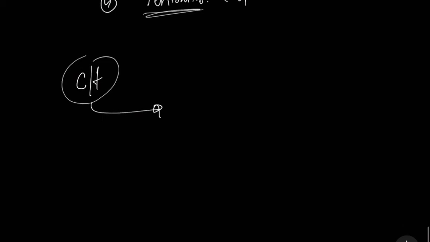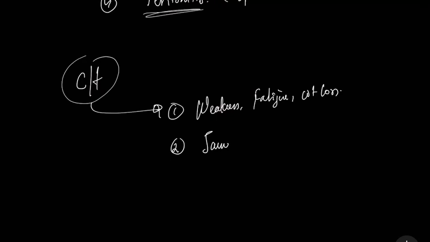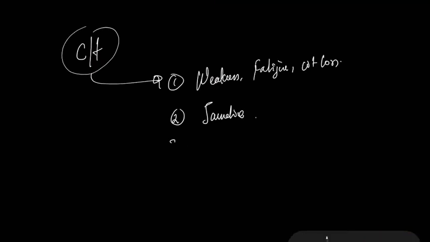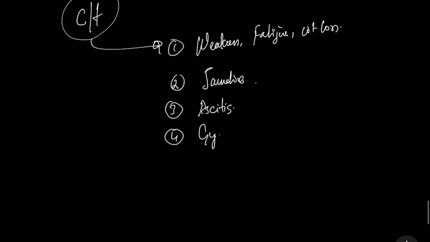So for cirrhosis of liver, the clinical features are: there is weakness, fatigue, and weight loss. Secondly, there's jaundice, all right, ascites, all right. Fourth is gynecomastia.